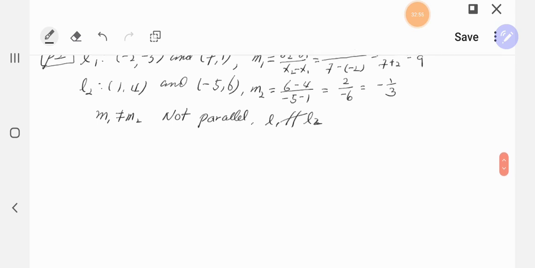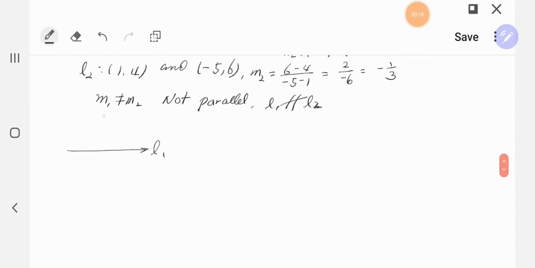All right, for the perpendicular, what if two lines are perpendicular? How about this? This is line 1 and this is line 2. And two lines are perpendicular.